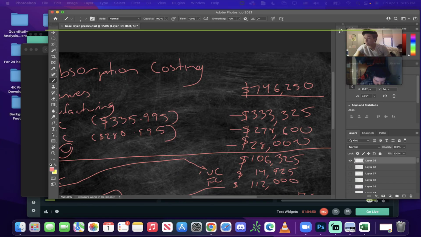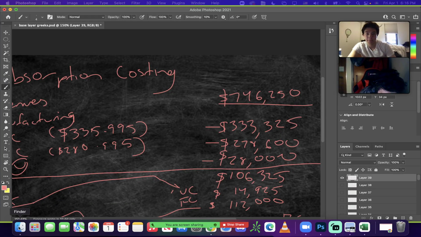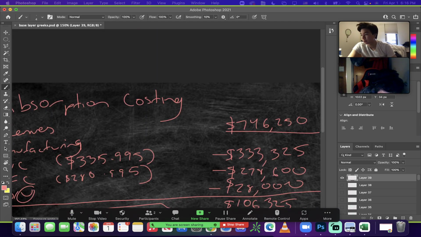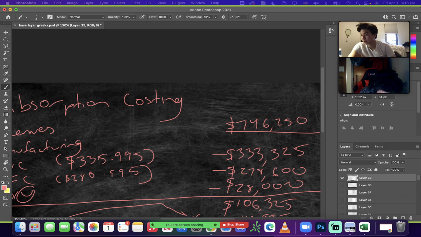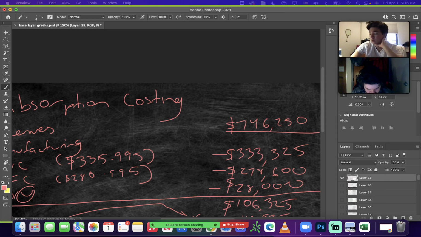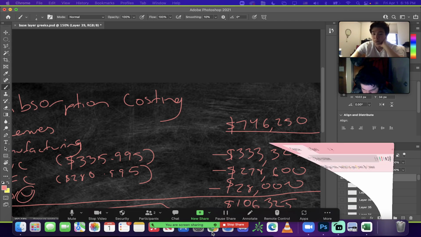Now we do the SG&A. That's January, the variable and fixed. So you do the 995 times the SG&A variable cost.